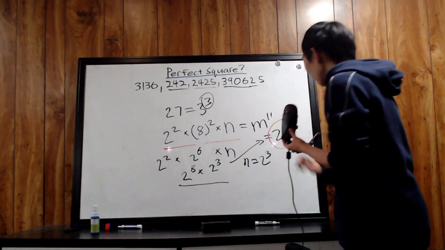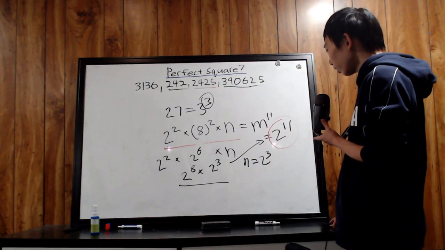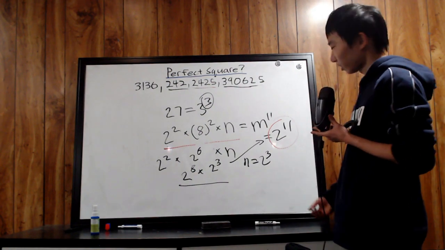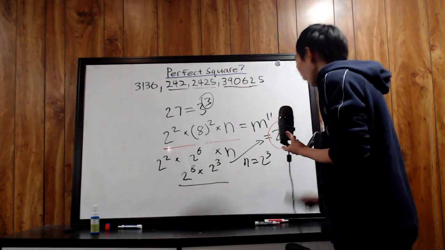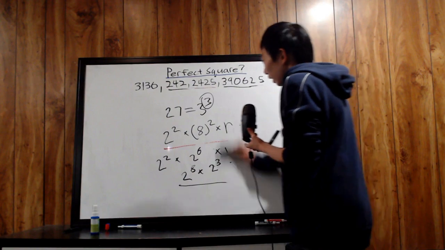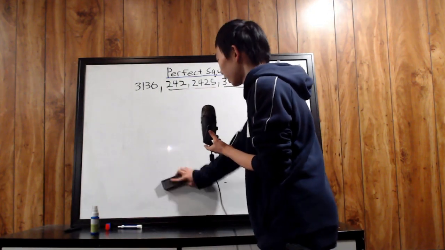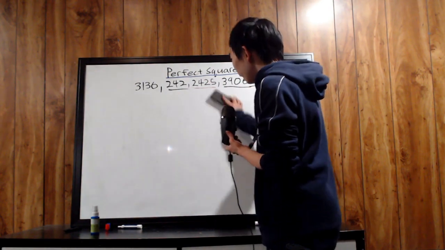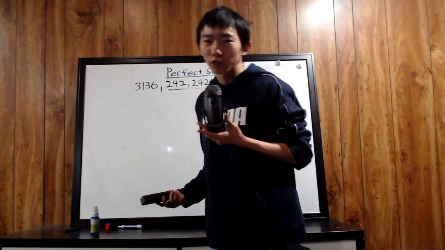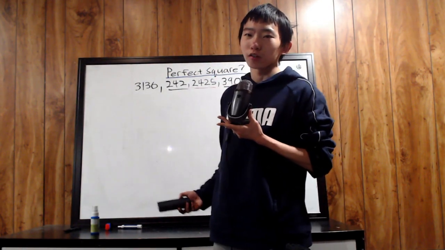And what is the 11th root of 2 to the 11? It's just 2 itself. So, I hope you see the importance of prime factorization in math contests. It is a super useful technique. Never glance over it when you're given a question that involves perfect powers.